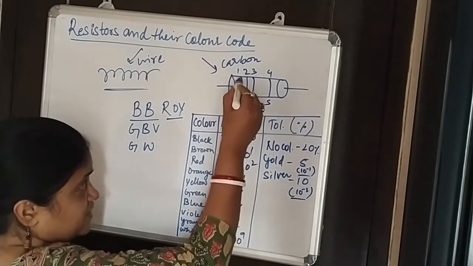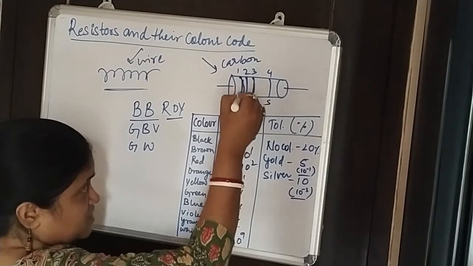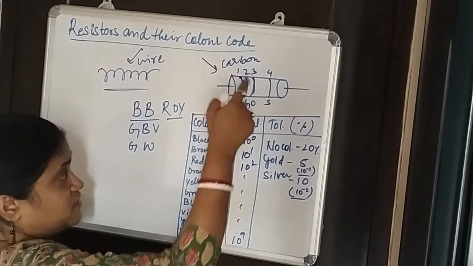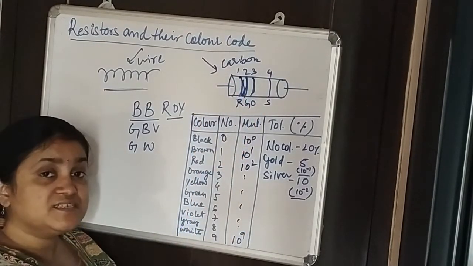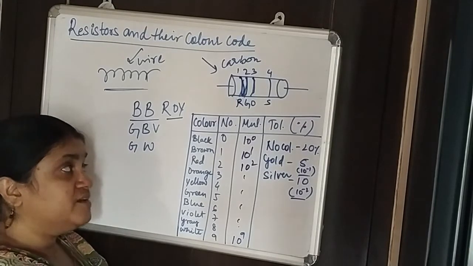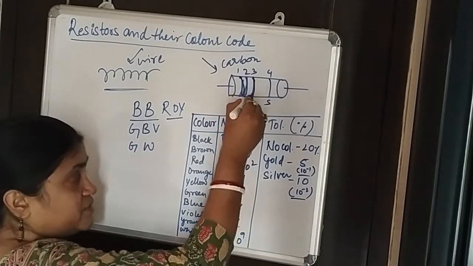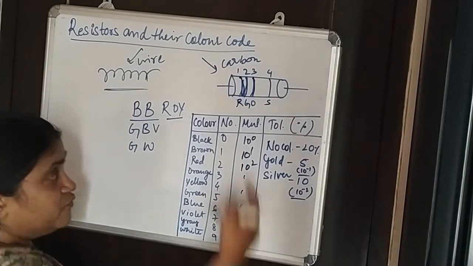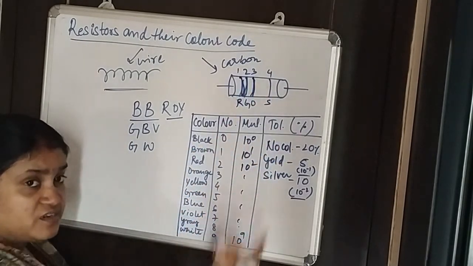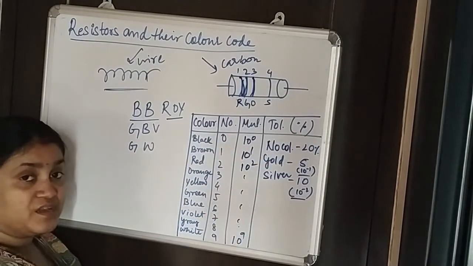Now out of these bands, the first 2 bands give the significant numbers of the resistance. The third band represents the multiplier, and the fourth band gives the tolerance of the resistance.